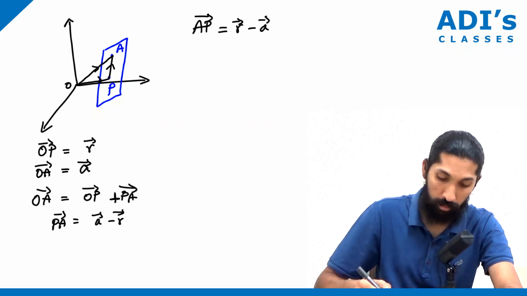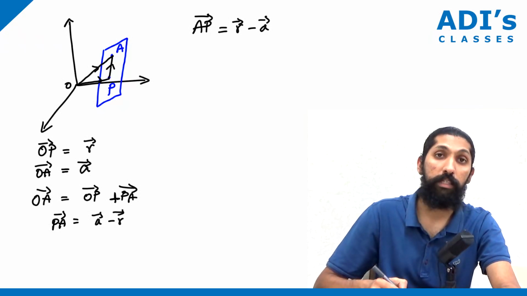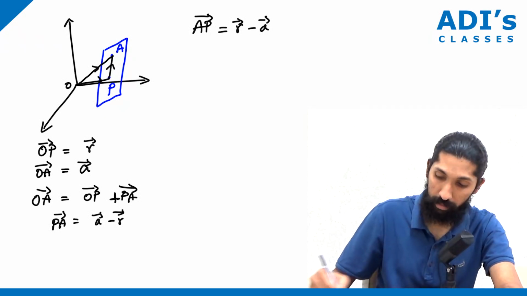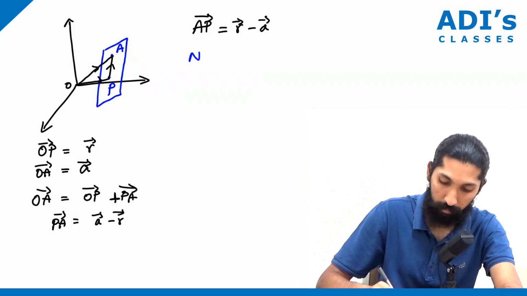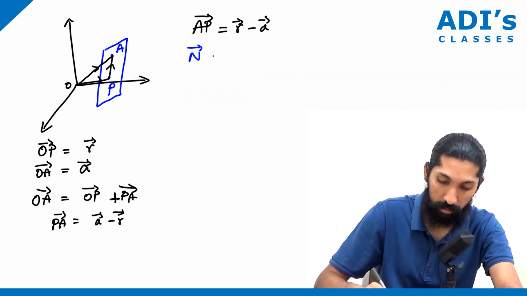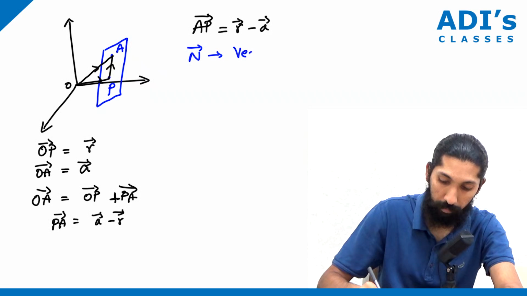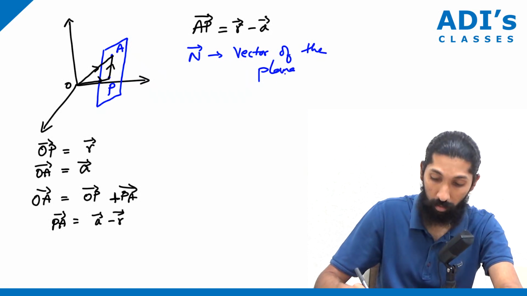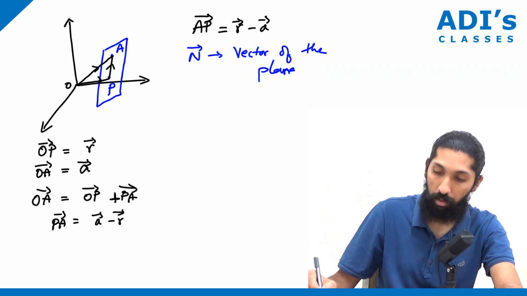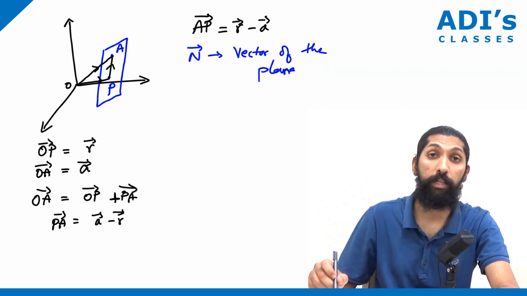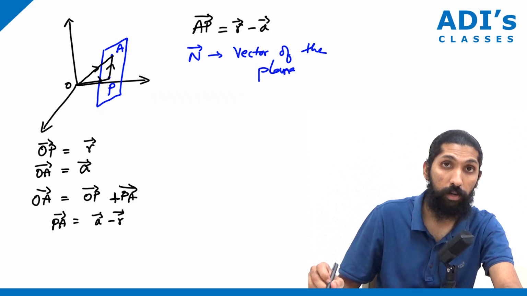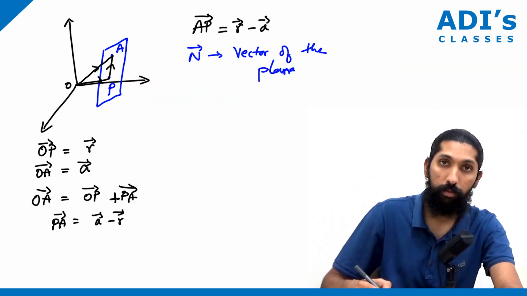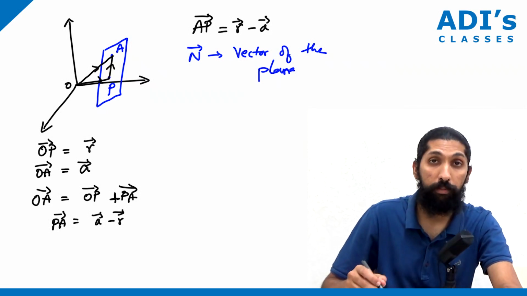The next thing is you have a plane. Say the plane is given by some vector n. This is the vector of the plane. Now, what we are trying to do is find the equation of this plane. For this, remember r dot n cap is equal to d.